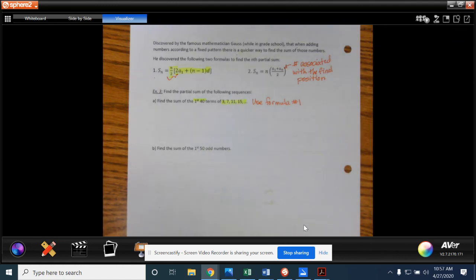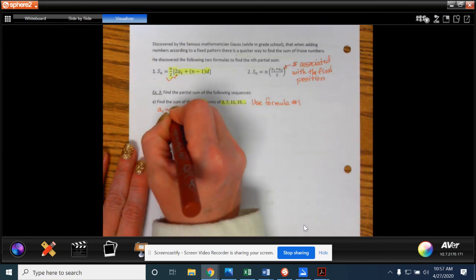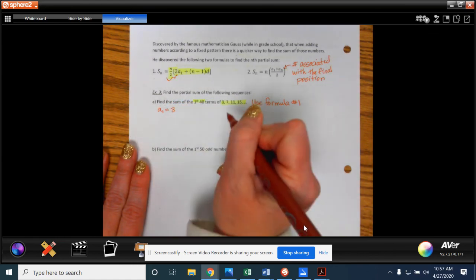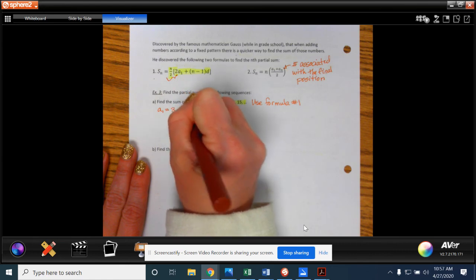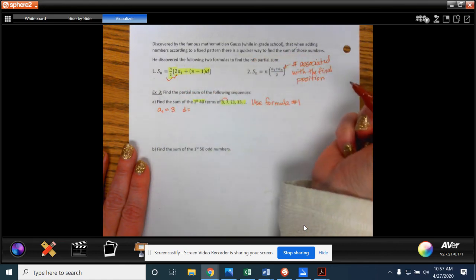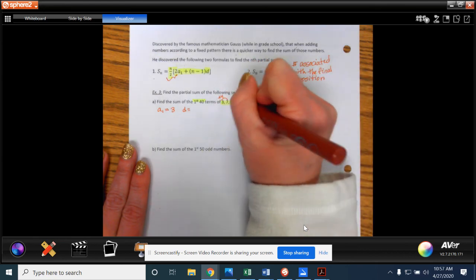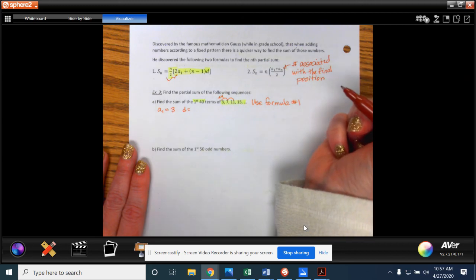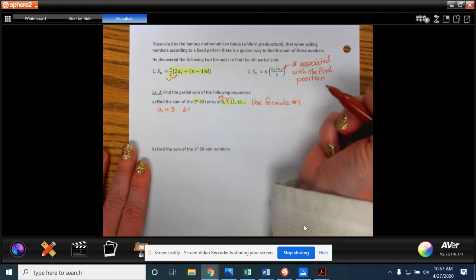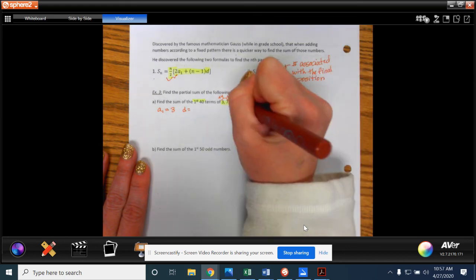I need to know a of 1, which is given. So a of 1 equals 3. I need to know what the d is. Well, let's go up and find it. It has to be consistent all the way through. So 3 to 7, that's a plus 4. Then check the rest of them given. Is 7 to 11 a plus 4? It is. Is 11 to 15 a plus 4?